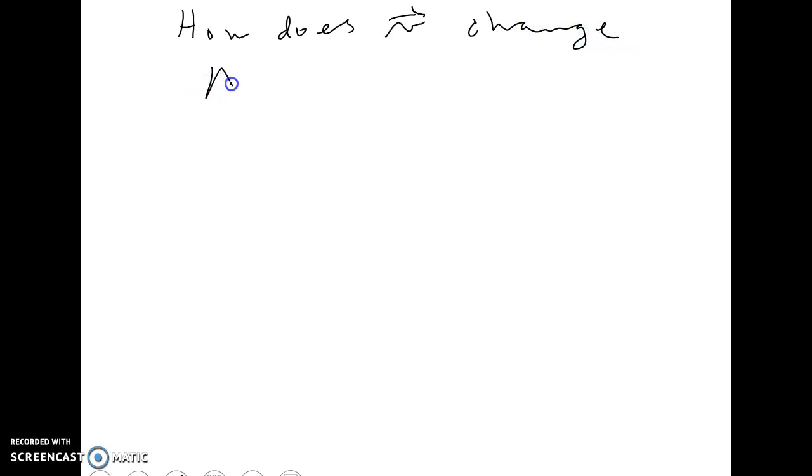Well, let's look at delta V is F net divided by M delta T. In this case, the net force is the only force acting, and that's the force of gravity.